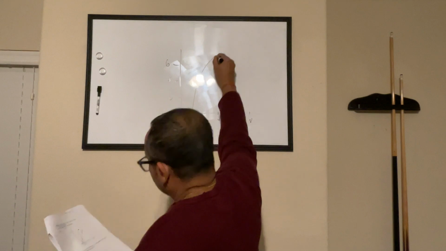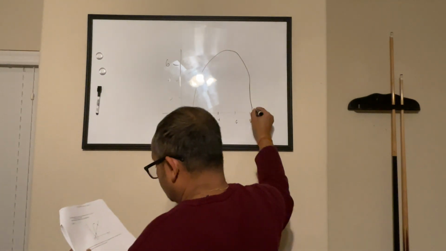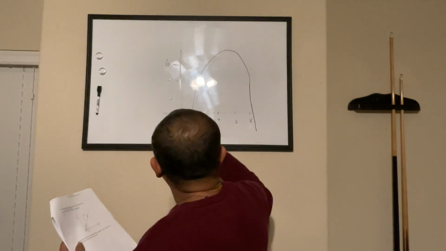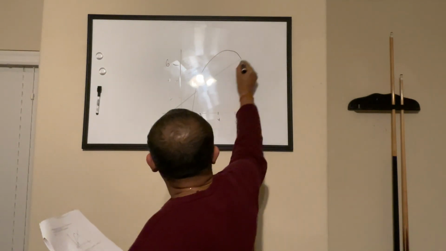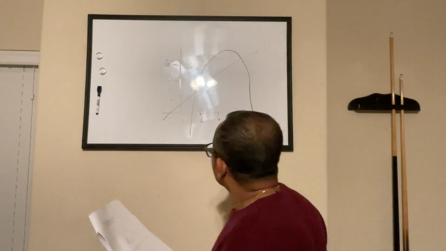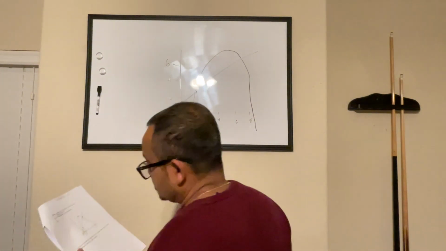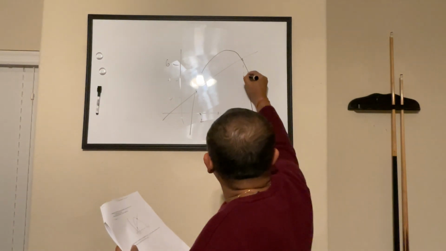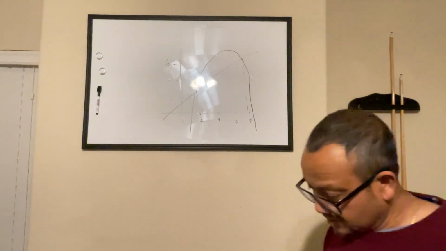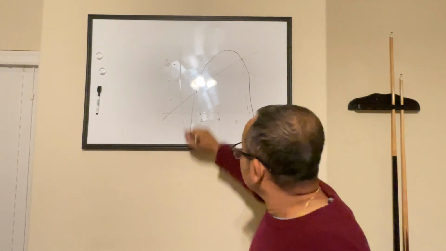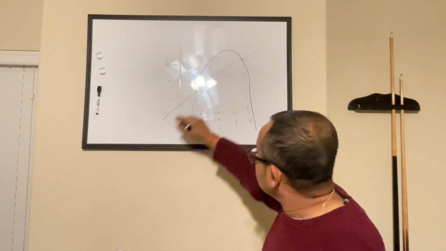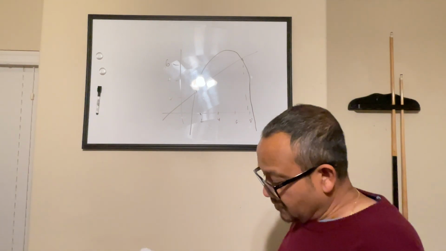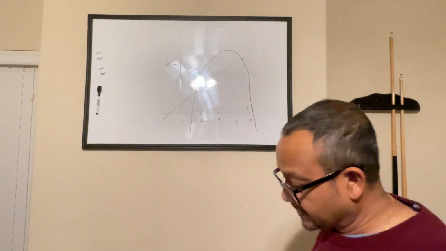It cuts at 2 and cuts at 8. So this is the question, right? You have the parabola and you have the straight line. This is the linear equation, this is the quadratic equation. Which of the following are solutions to the system?